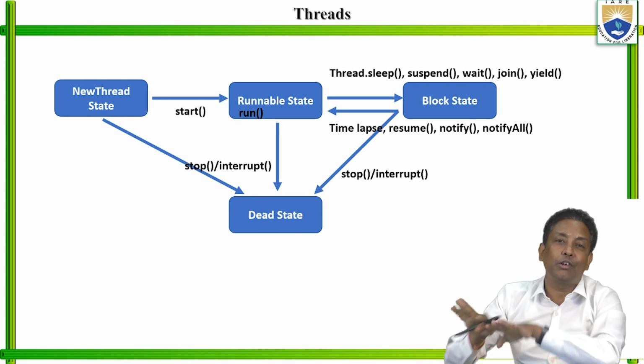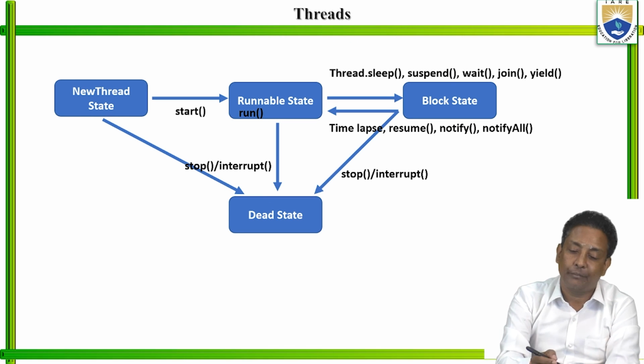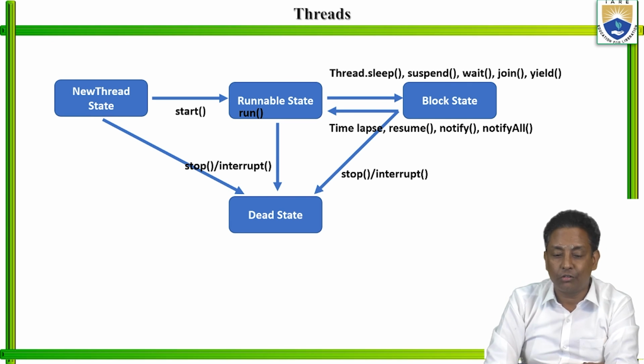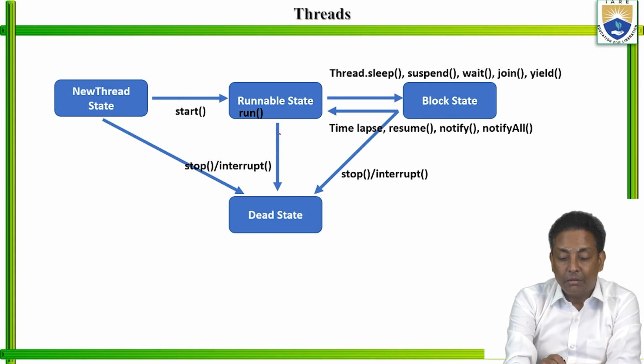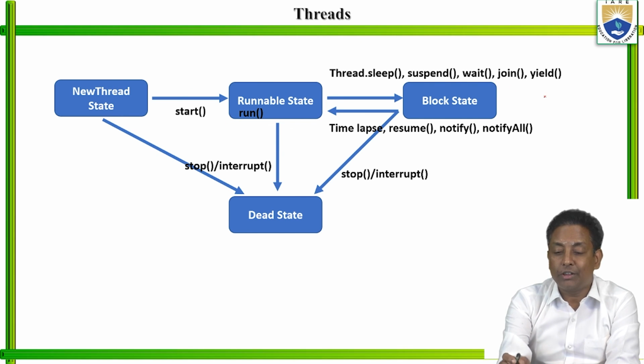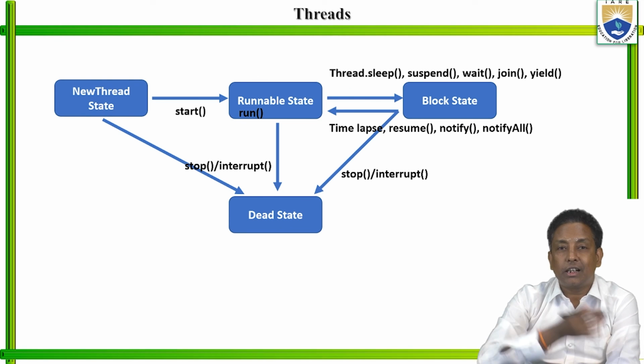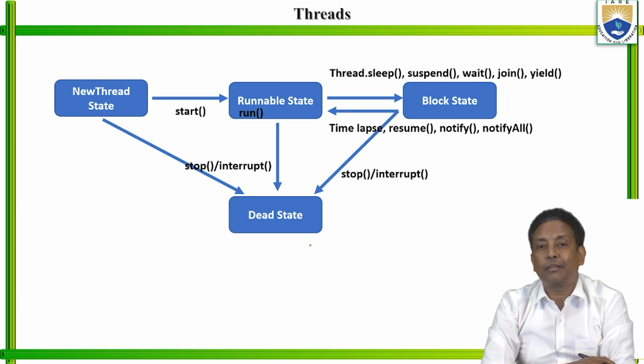The corresponding thread will go to the dead state automatically. So you needn't do anything. You just call start, implement your method logic, and call any of these methods. The thread will temporarily go to the block state, again come back to the run state, and once it's completed, it will go to the dead state.